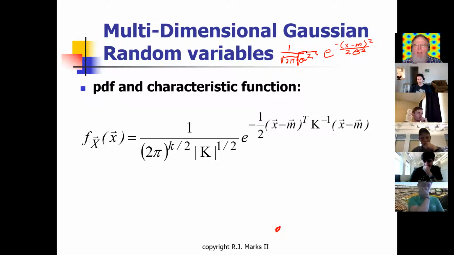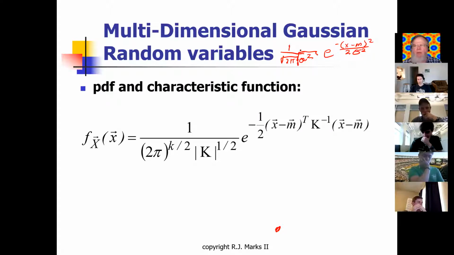Well, you notice that we can't take 1 over a matrix, so we do have to do the inverse. So instead of doing the 1 over the square root of sigma squared, we have down here the determinant. The magnitude corresponds to the determinant of the autocovariance matrix raised to the 1/2 power. Like we're doing up here, we're taking the square root of the variance. And then up here in the denominator for the regular Gaussian, we have the 1 over sigma squared.